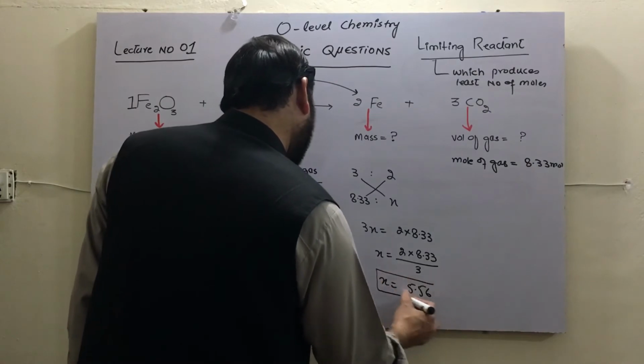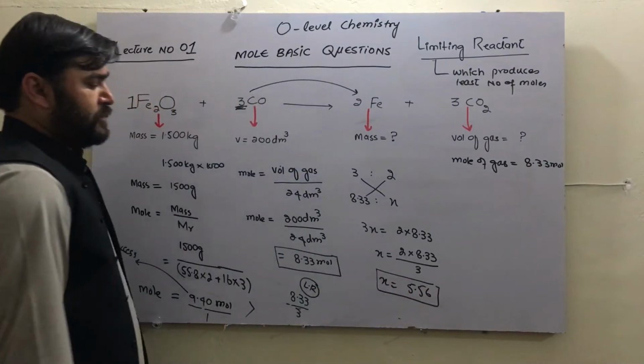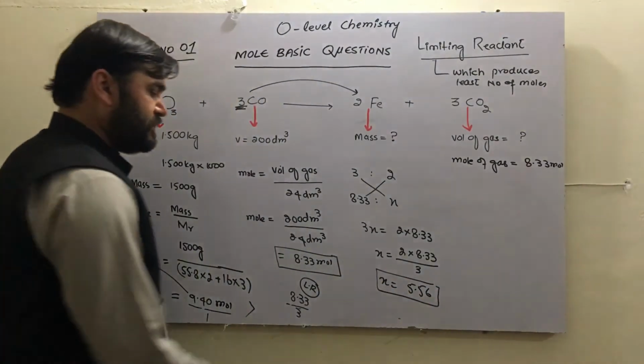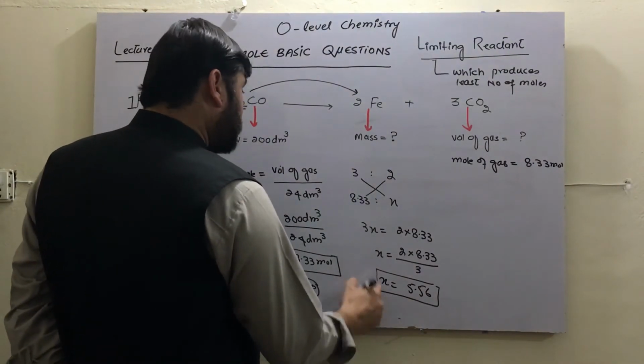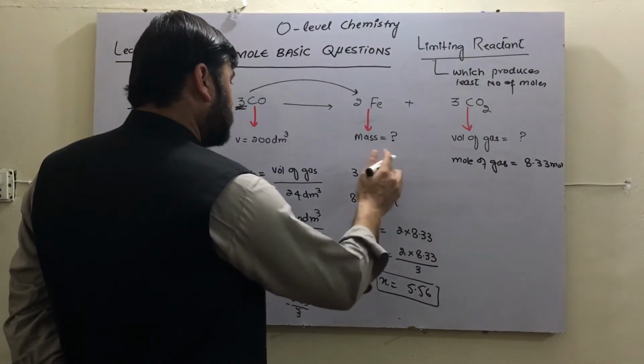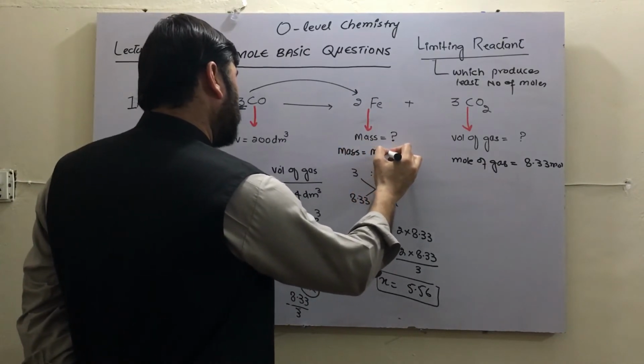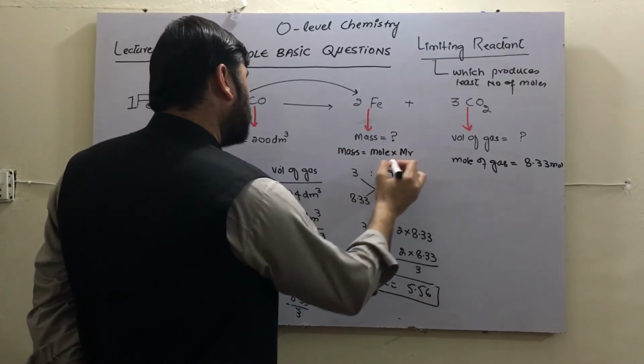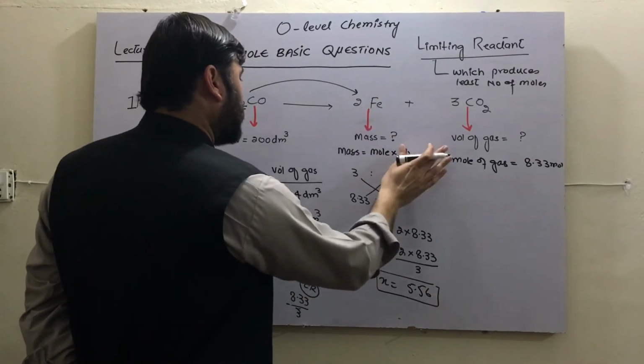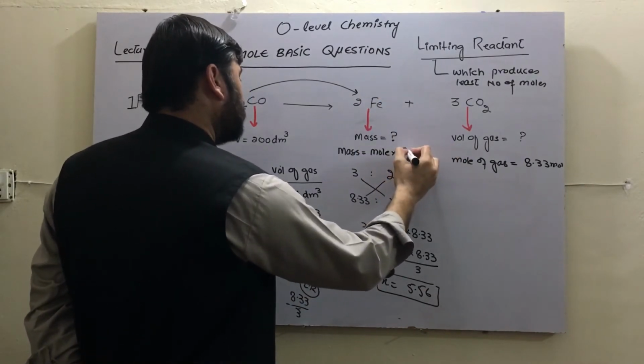So this is the mole. And how to convert mole into mass? This is very easy. Now see, this is mole, so convert into mass. The mass formula is mole multiplied by molar mass. Here in case of iron, it will not be molar mass, it will be atomic mass.